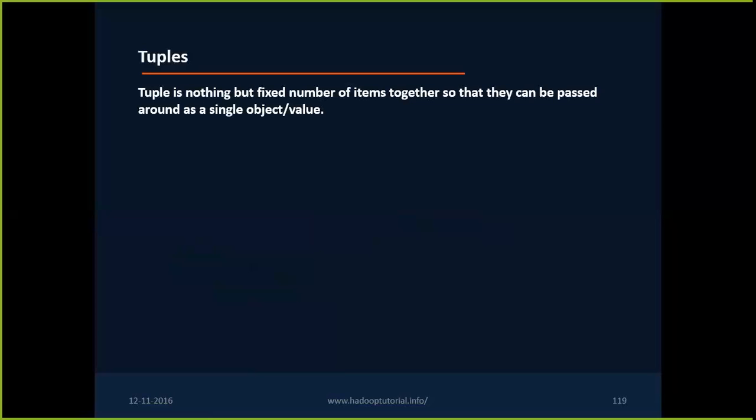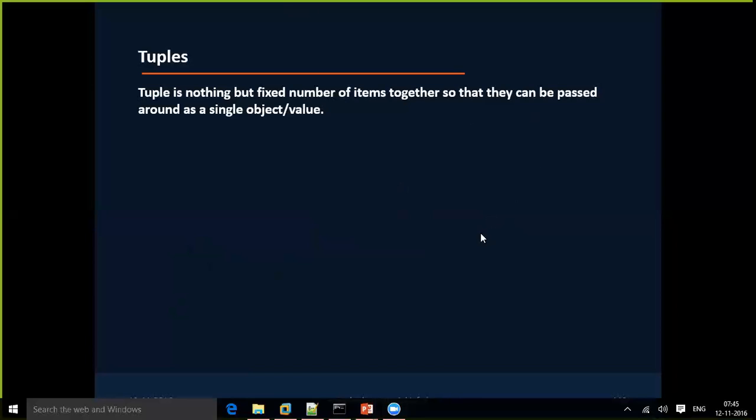Next, the tuples. So a tuple is nothing but a kind of structure. Till now, whatever collections you have seen, as we discussed even in the last session, the list, set, or map, all these are homogeneous.